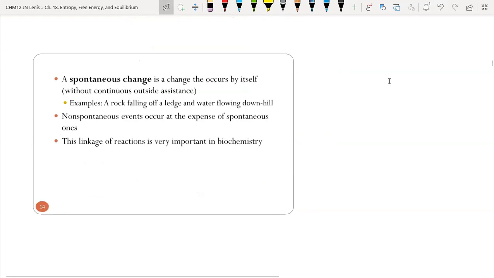We're going to study spontaneous changes. So what is a spontaneous change? It's a change that occurs by itself without any external help.